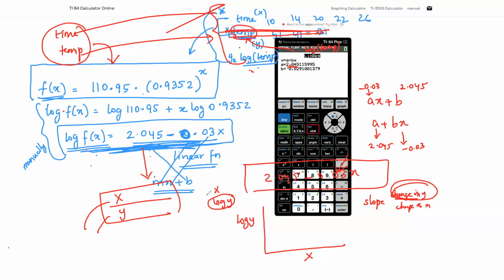Any value y, if plotted on a semi-log scale, will be the log y value, correct? So what I'm saying is change in y will be log y2 minus log y1 by x2 minus x1. Make sense?